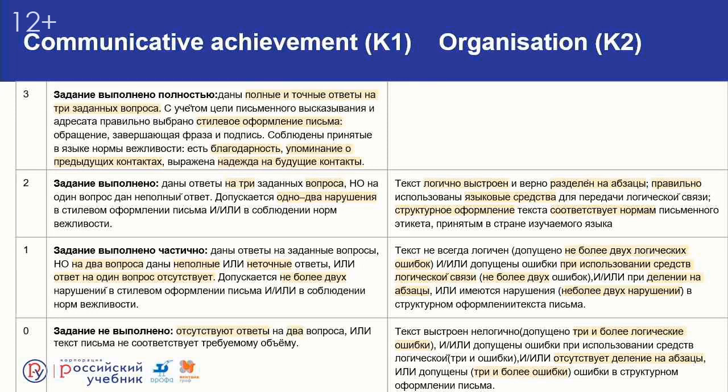So all that should be in there to get 3 points, right? To get 2 points, there are still 3 questions answered, and there are 1 or 2 violations in the stylistic organization of the text, right? In the style and in the norms of politeness that our learner should follow when responding to an informal letter.